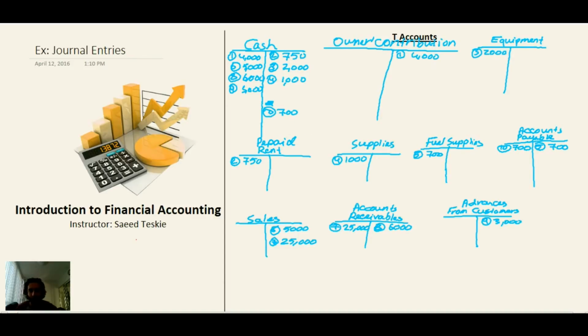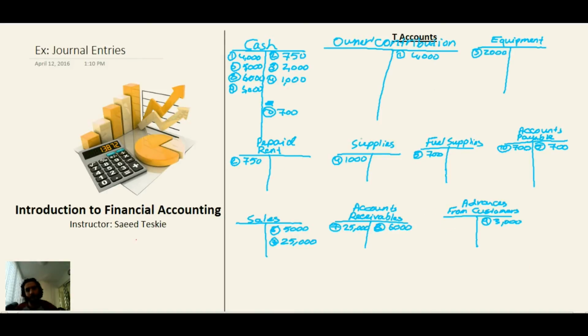Okay, if you try to sum all the credit side on these T accounts, you will see that it equals the debit sides of all the accounts.